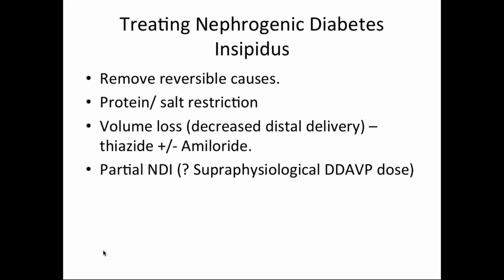So I would not be inclined to use NSAIDs on a daily basis for someone with any kind of disease. NSAIDs do work for free water deficits and can help with nephrogenic diabetes insipidus. So it can be used.